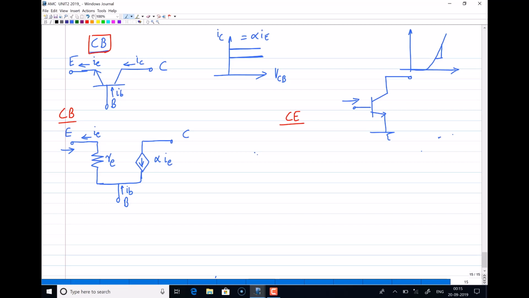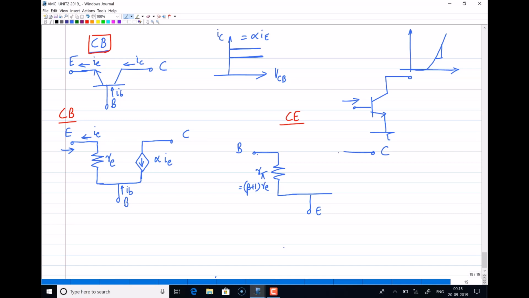Here I will draw base, this is the emitter terminal, and here I have the collector terminal. Between base and emitter I have a resistance. The resistance seen into base is R pi. R pi is actually equal to beta plus 1 into Re. We call it R pi.